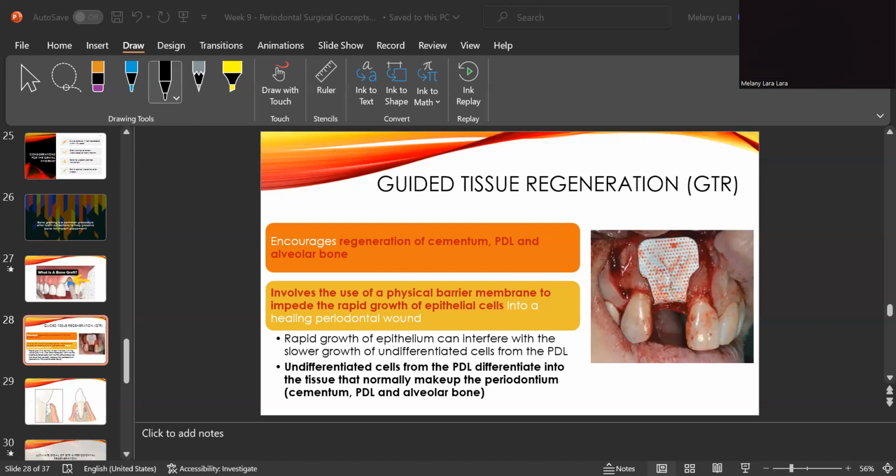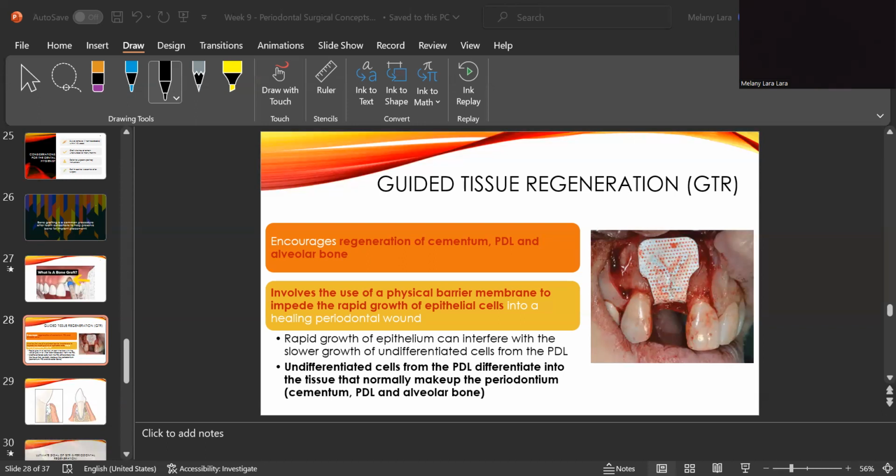So just know bone grafting is usually also incorporated. With GTR, we're looking at regeneration of cementum, PDL, and alveolar bone, which is why most of the time they tack this on if we're already trying to regenerate the alveolar bone. We'll go through GTR as well to make sure we get cementum and PDL back.